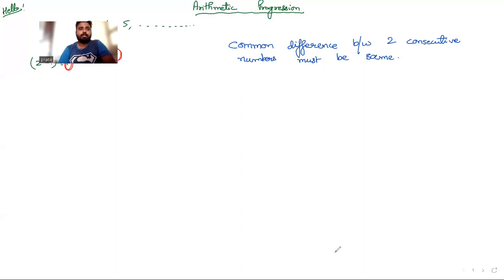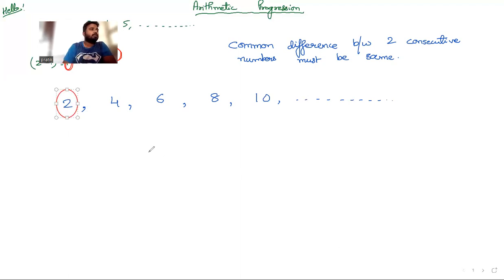So now let's say we consider another set of numbers in this format: 2, 4, 6, 8, 10, and it goes on. The very first number that you have is always called the first term.